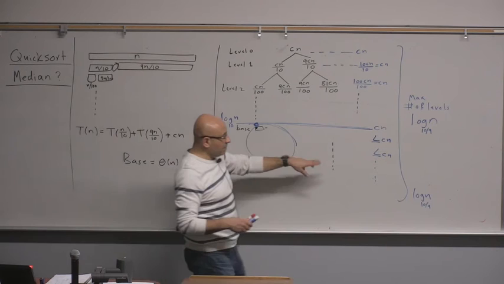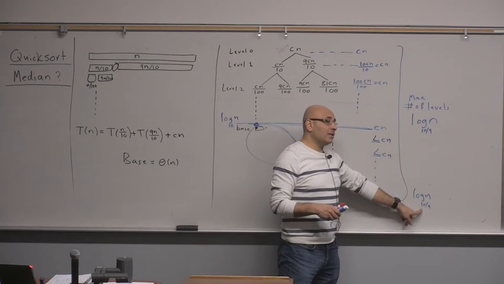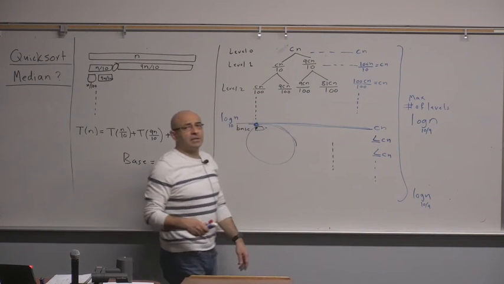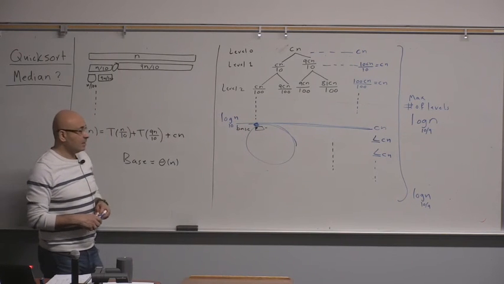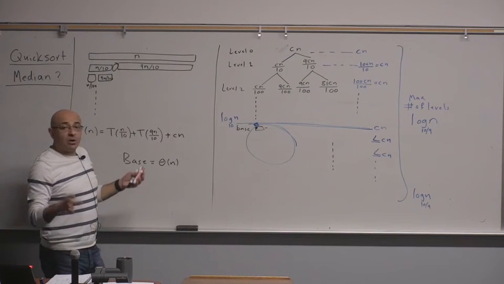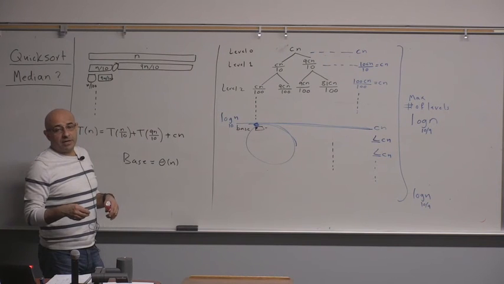So when you take the logarithm for a small base, you will get a larger number, but it's not going to be much larger, right? Because all logarithms are of the same order anyway.